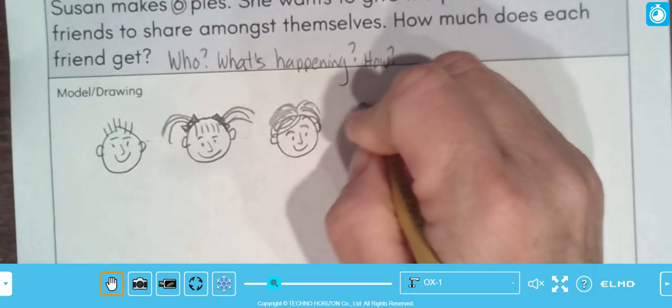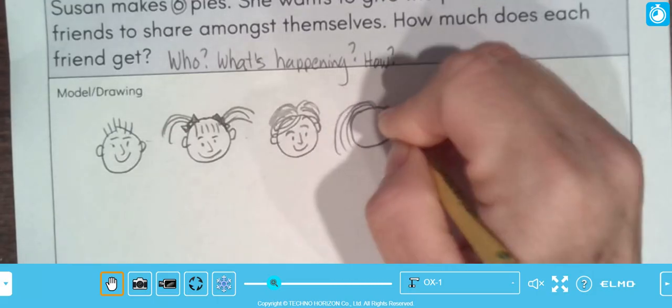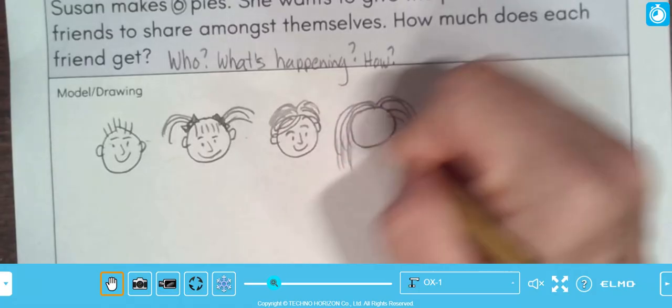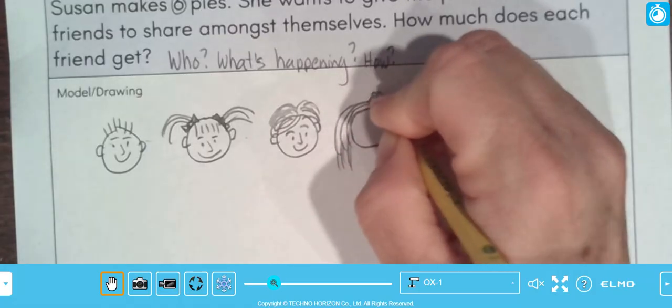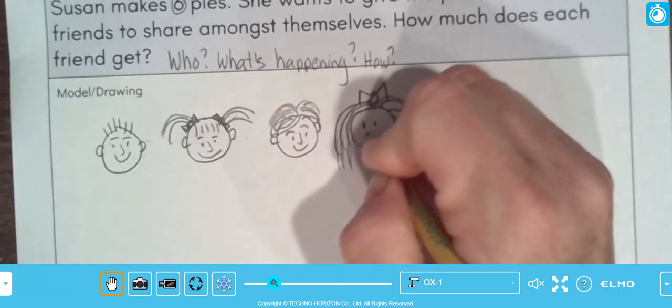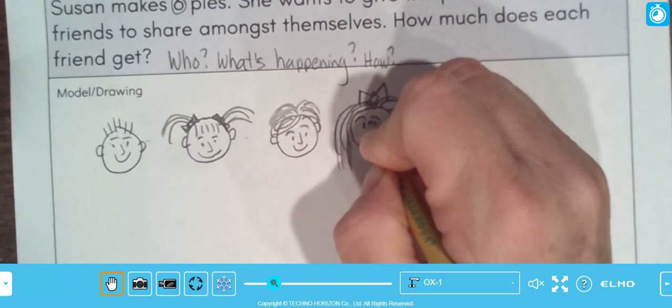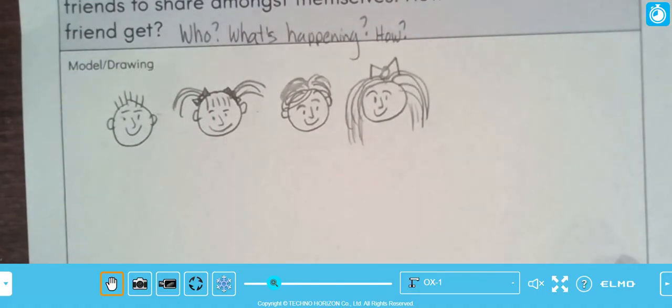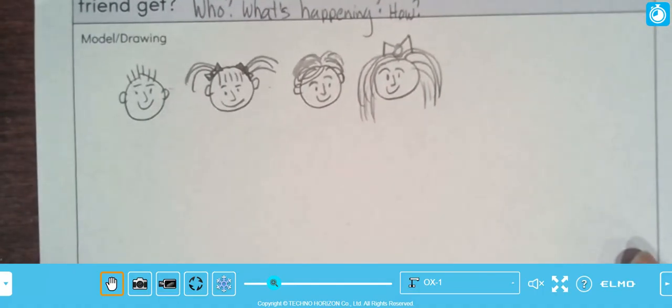Let's do hair like this. I'll put a bow right here. And then her little eyebrow. Okay. So there's her 4 friends. Now you can draw your friends better than me, okay?